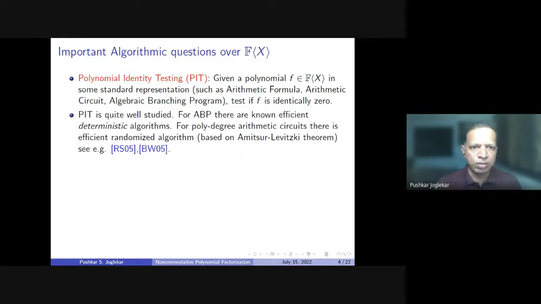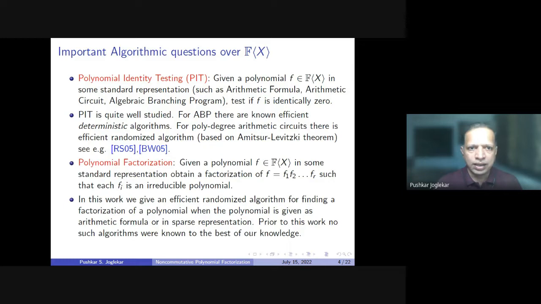So this problem is quite well studied. For the case of ABPs, there is a well-known deterministic algorithm due to Raz and Shpilka. And for the case of arithmetic circuits, if the circuit computes a polynomial of poly degree, then there is an efficient randomized algorithm due to Bogdanov and Wee, which is based on the Amitsur-Levitzki theorem.